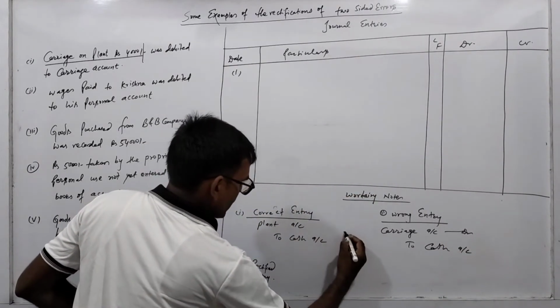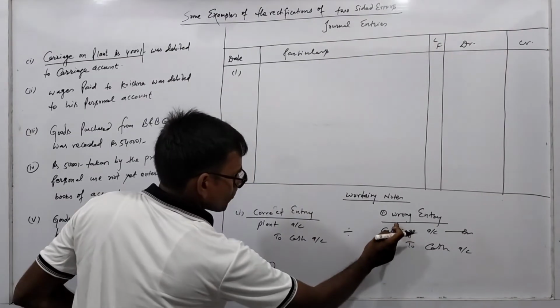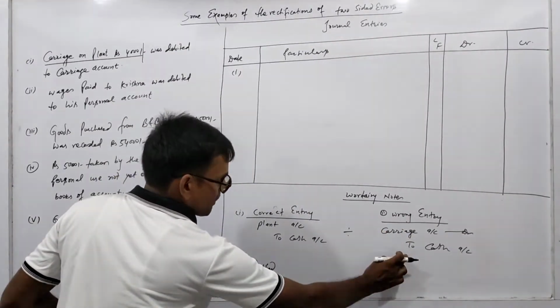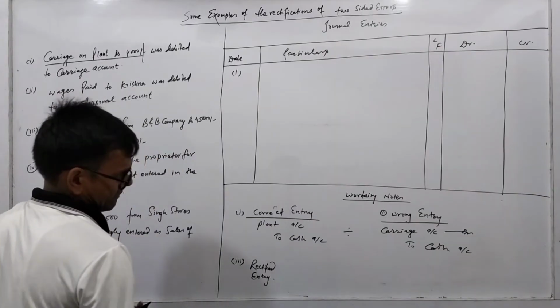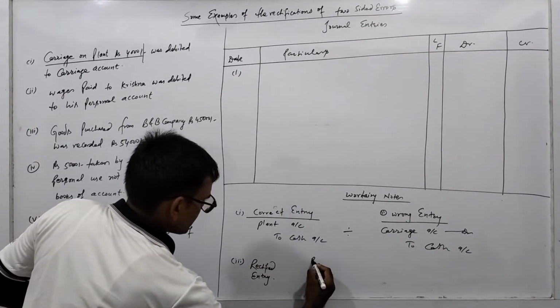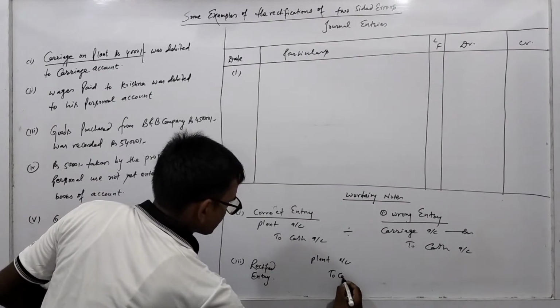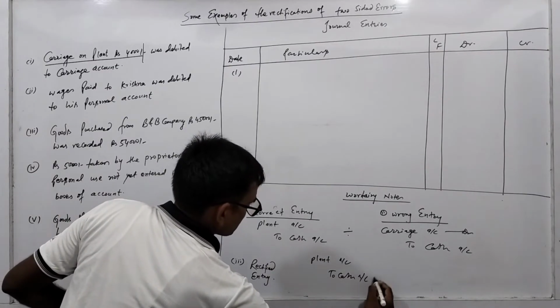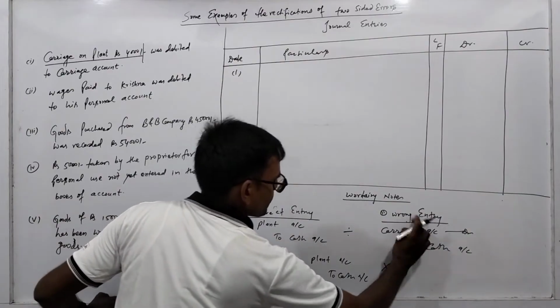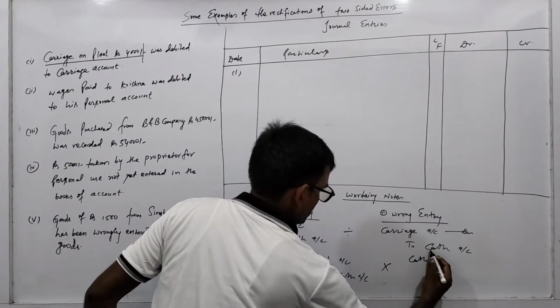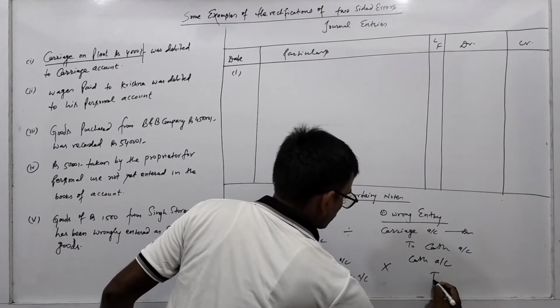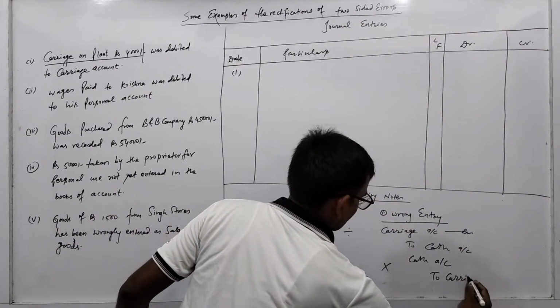So you have to divide this, that will go up and this will come down. You see here, plant account DR to cash account. If you write multiply, it will go up, it will be sent out: cash account to carriage account.